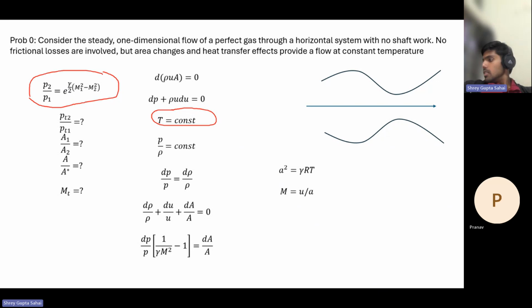Q by A. I did this problem somewhere in my notes. Let me see. Yeah, see here only. Let me see.